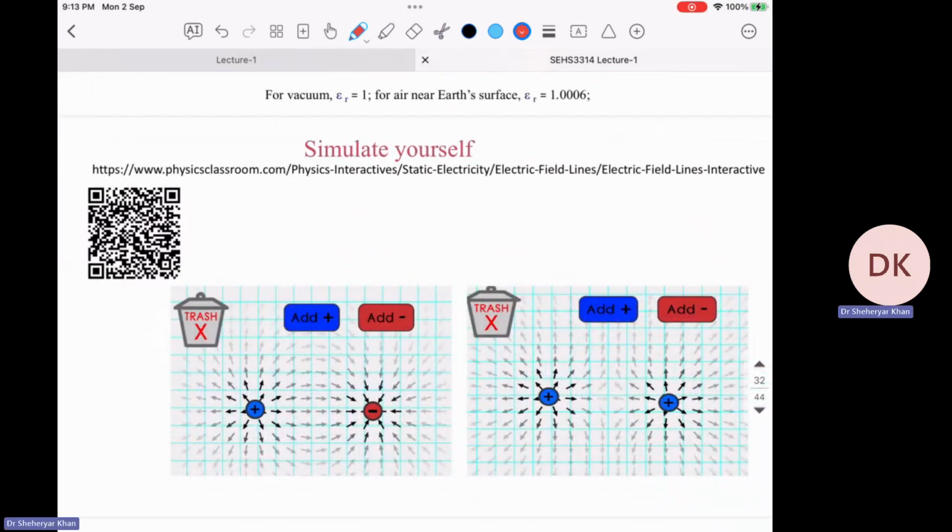You will see this kind of interface, and then press this add button and you will have a positive charge here. Press negative and you will have a negative charge here. And then you can see the electric field lines due to these two charges. You can also put two same charges to see that the field lines will actually repel each other. Right?